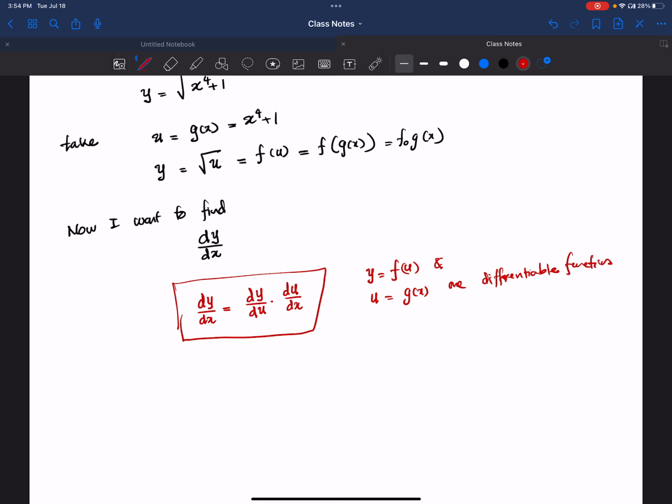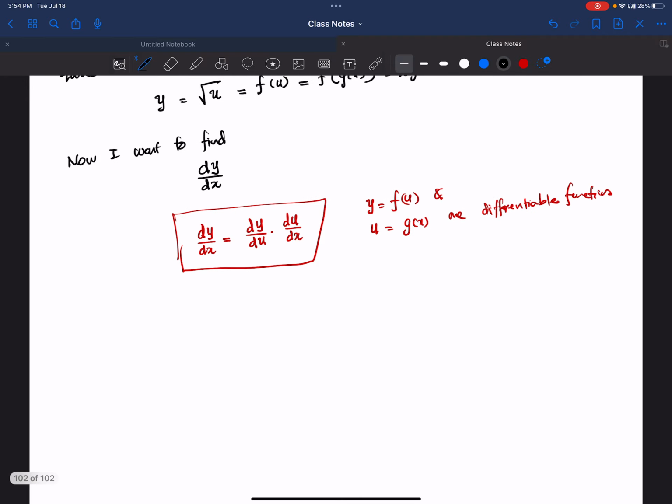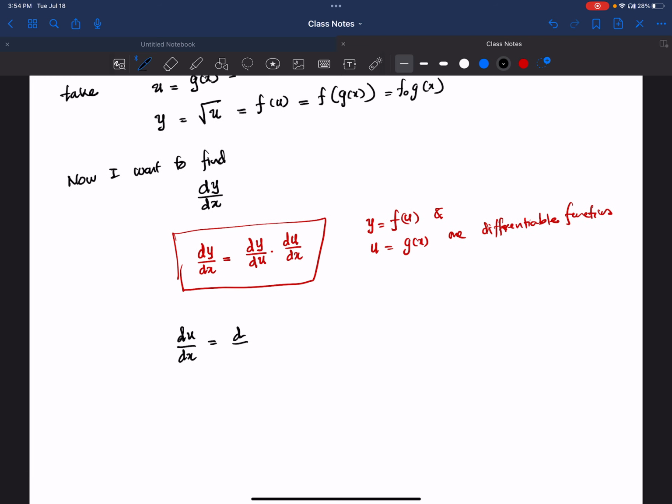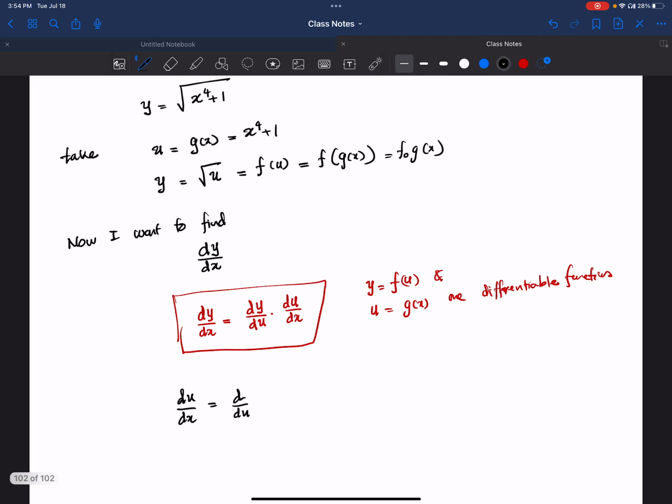Okay, so if I use that in my previous question, I can find dy over dx equals dy over du times du over dx. What is dy over du? y is square root of u, so d over du of u to the power half, plus du over dx. U is x to the power 4 plus 1.